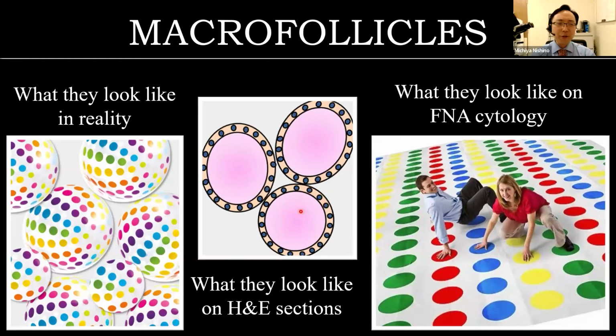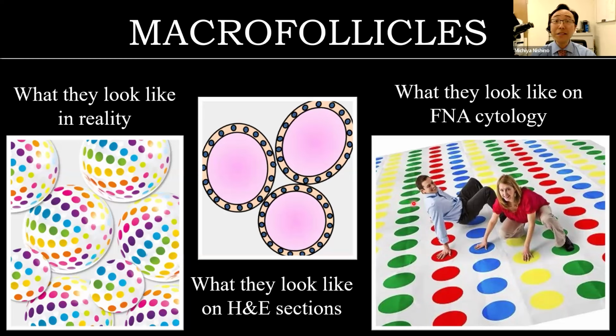And you have to imagine, what would happen if we took these beach balls and took a scissor and shredded them all up? We'd see flat, torn, sheet-like fragments with evenly spaced polka dots, right? And by the same token, when we fine needle aspirate a macrofollicular lesion, what we get on the FNA cytology slide are flat, two-dimensional sheets with evenly spaced nuclei.